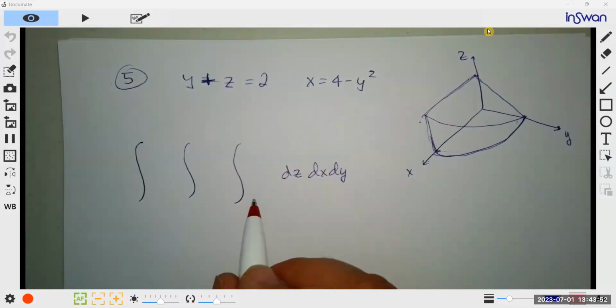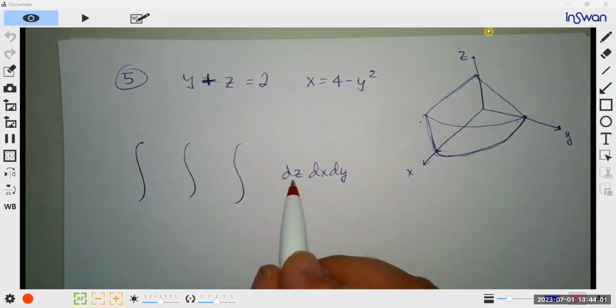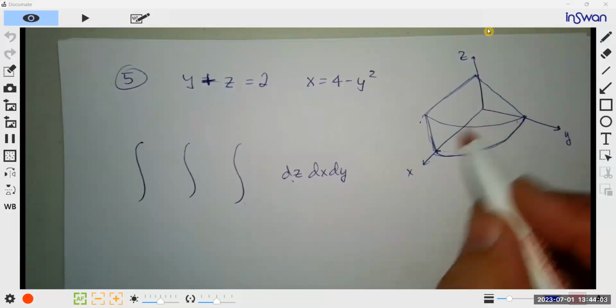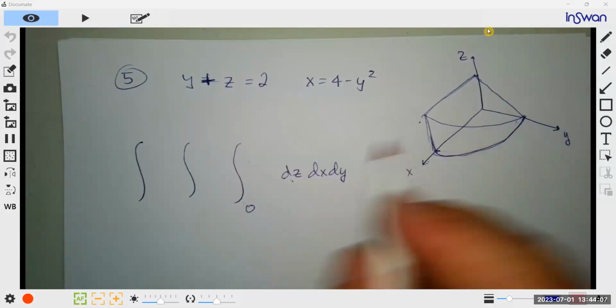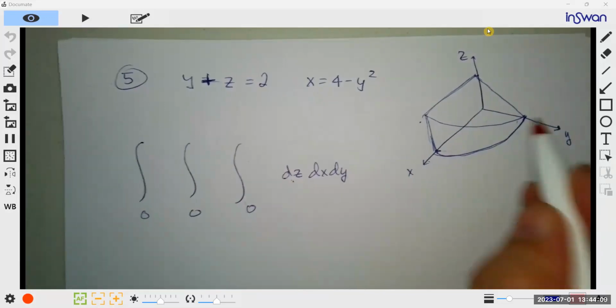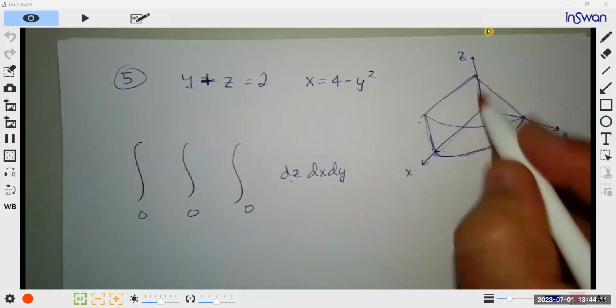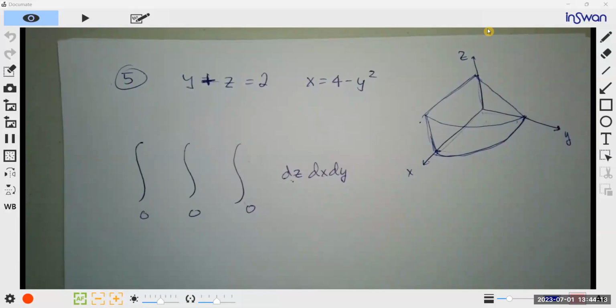So now for the integration bounds of the first one, for the z aspect, if we look at this, the z begins at 0. Actually, they all begin at 0 because they go against the bounds, the axes.